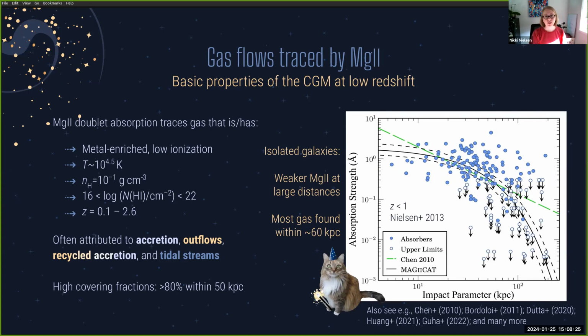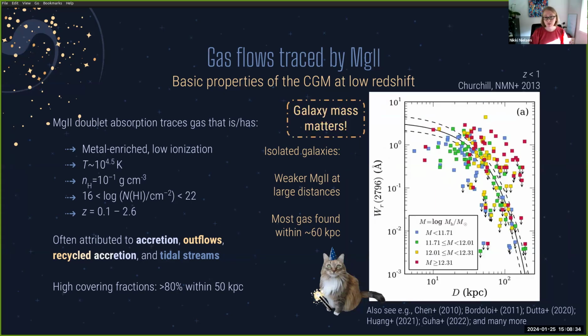And so we know that different galaxy properties actually cause this scatter. The biggest one is the mass of the galaxies. When I color the points by their halo mass, we can see that the points separate out by mass.